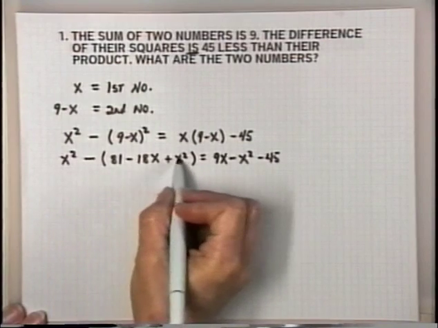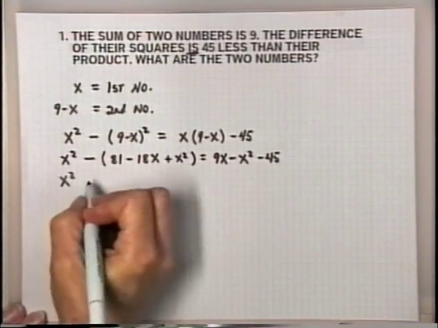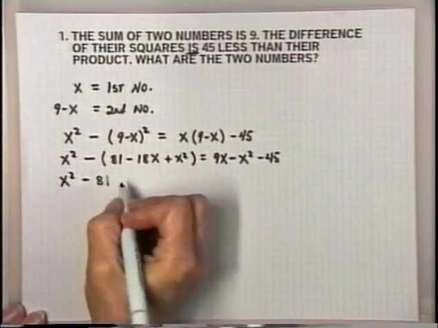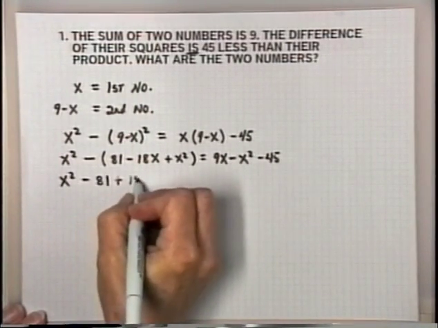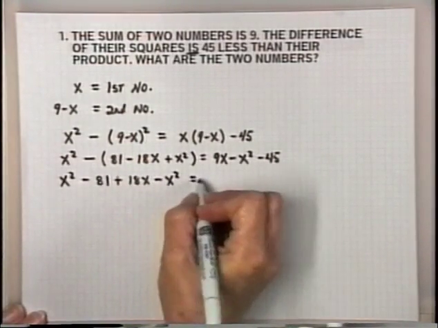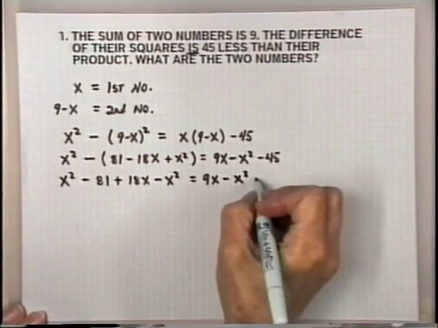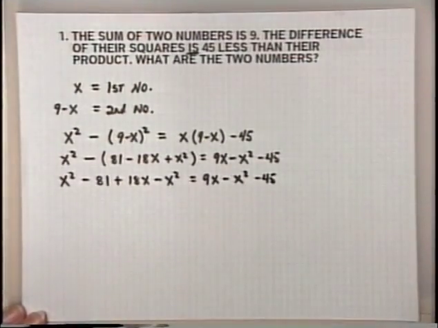This negative sign is going to change the signs of these numbers here. We have x squared minus 81 plus 18x minus x squared equals 9x minus x squared minus 45.